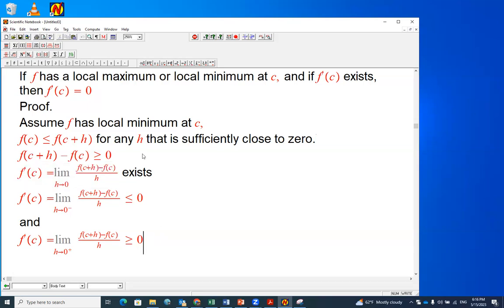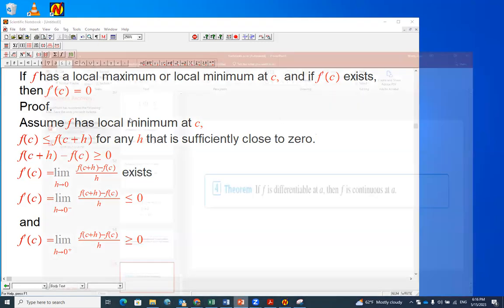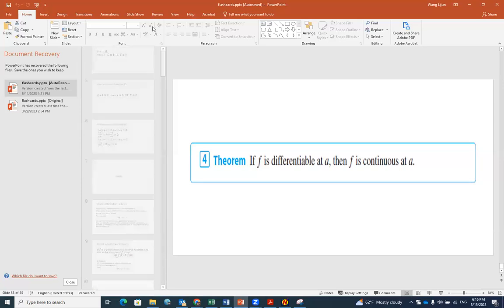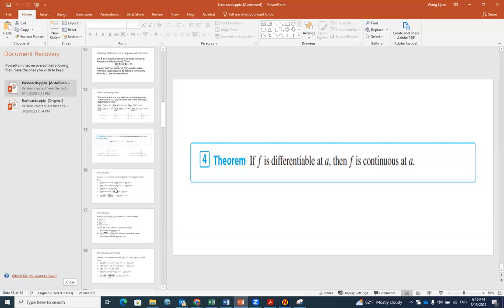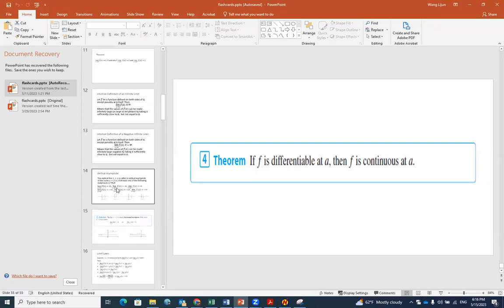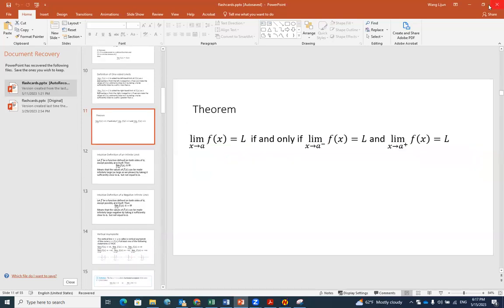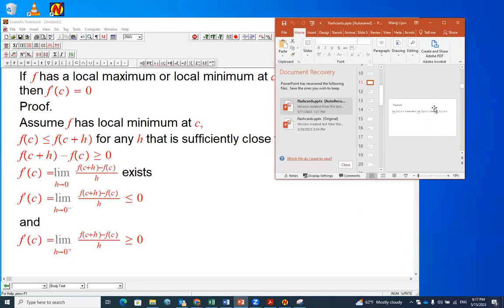So I'm quoting this theorem. The theorem says if the limit of a certain function exists, actually, let me bring back the flashcards. The flashcards on limit existing at a point, which is right here.